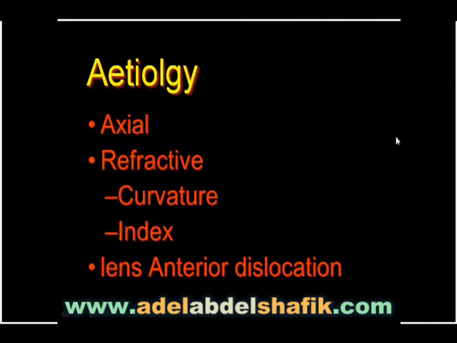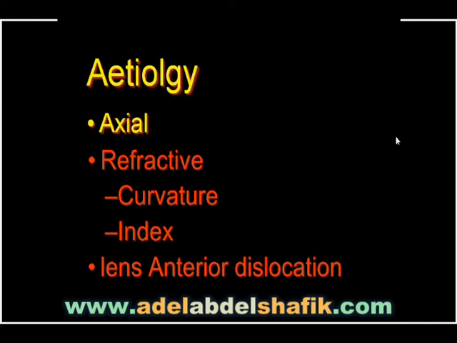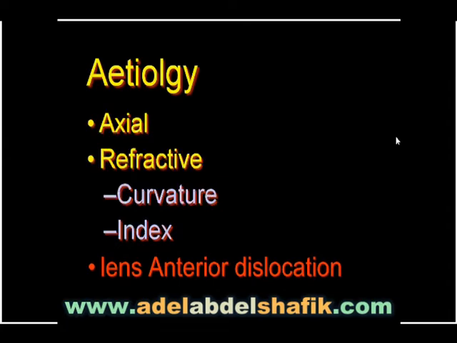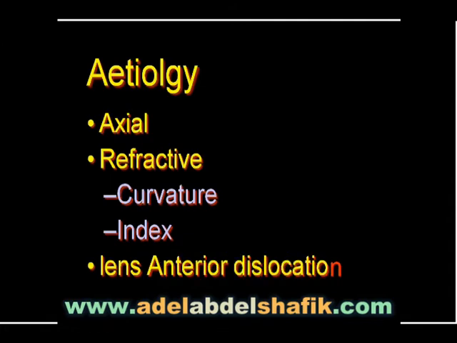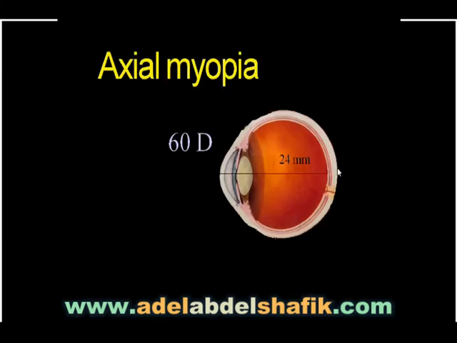The etiology of myopia can be axial, refractive, or anterior dislocation of the lens. In axial myopia, we have said that the normal eye has a length of 24 millimeters and a power of plus 60.